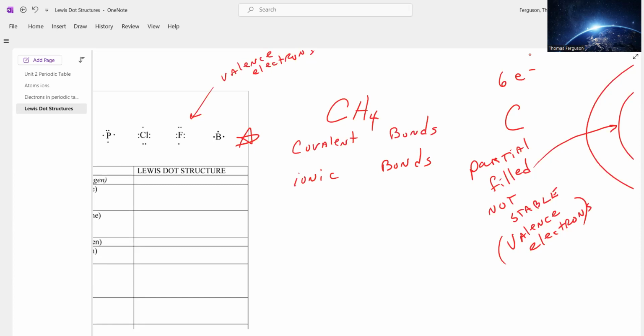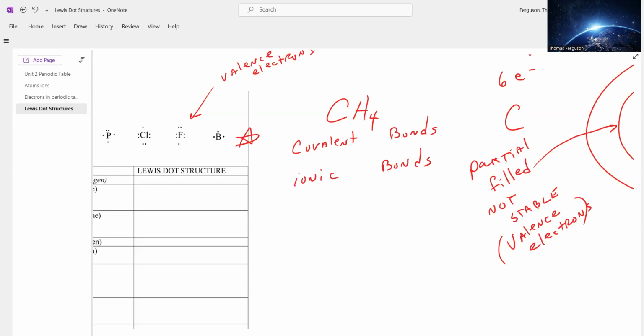Covalent. What does the word cohabitat mean? Say you and a friend want to get an apartment. What does it mean? Yes, you're sharing everything, particularly in the kitchen. Sharing everything. So covalent means the co is share. Valent means we're sharing valence electrons for that bond.